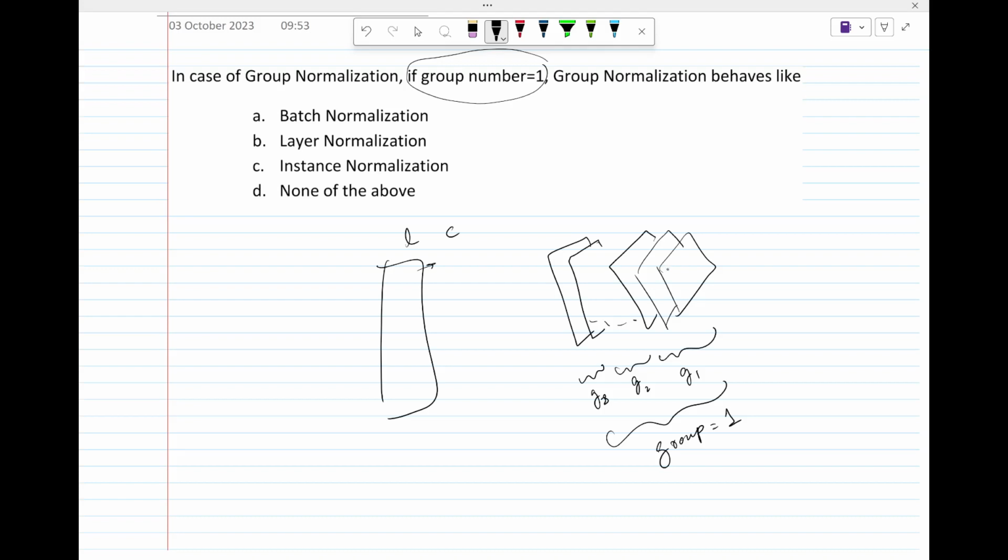And now instead of normalizing across just this channel for this group, and across this channel for this group, and this channel for this group, if group is equal to 1, that means you will be normalizing across all the channels for each output. So that will be what?